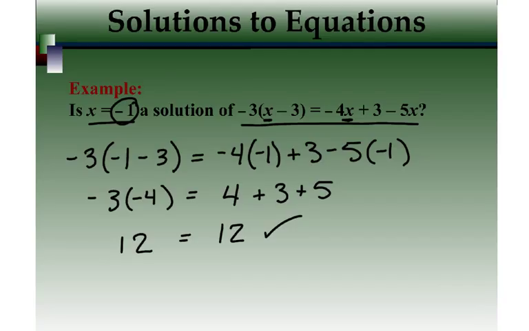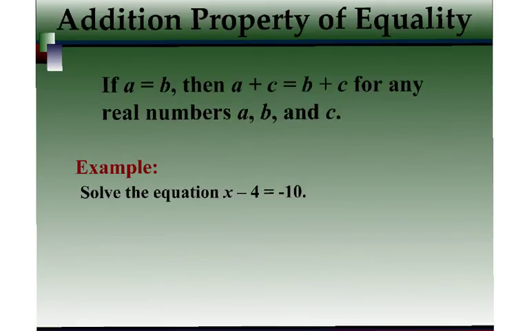Okay, next example. Well, first of all, in this example, it's using the addition property of equality. What the addition property of equality states is that in our equation, we are able to add or subtract numbers from both sides of the equation.